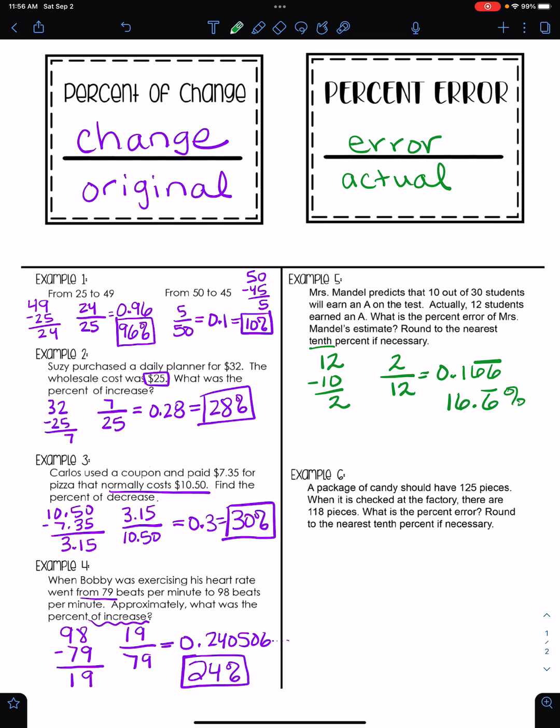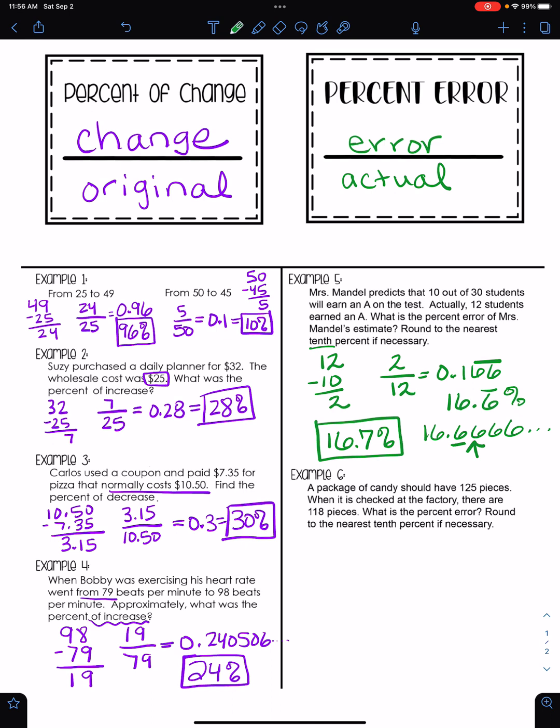But it says to round to the nearest 10th of a percent. So this is just going to keep going and going. So here's the 10th of a percent. We look one place to the right. Since it's 5 or more, we round up. So it's going to be 16.7%. That's the percent of error. So the estimate was off by 16.7%.